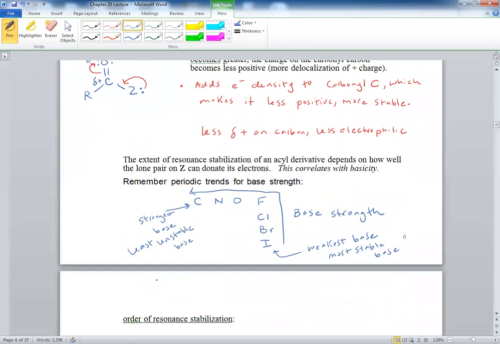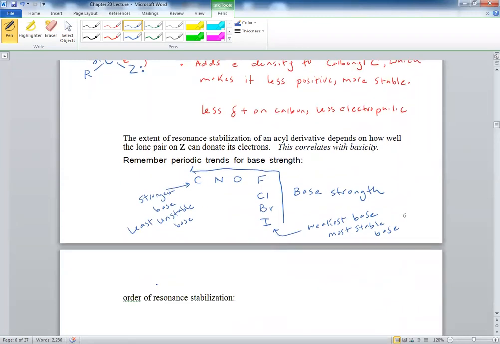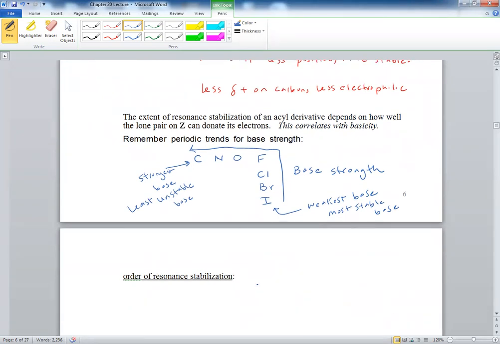This is a whole topic that we studied in Organic 1, but if you recall, it has to do with electronegativity and the atomic size. Iodine is huge, so the electron density decreases over a larger area. Fluorine is more electronegative than carbon, so it can accommodate the charge better.